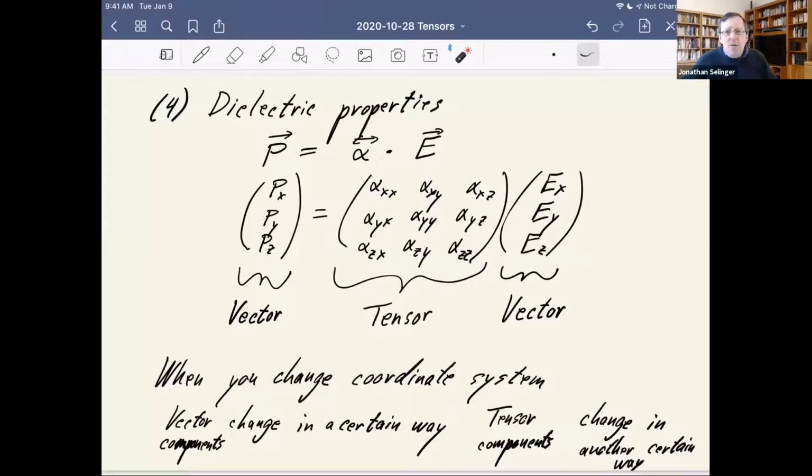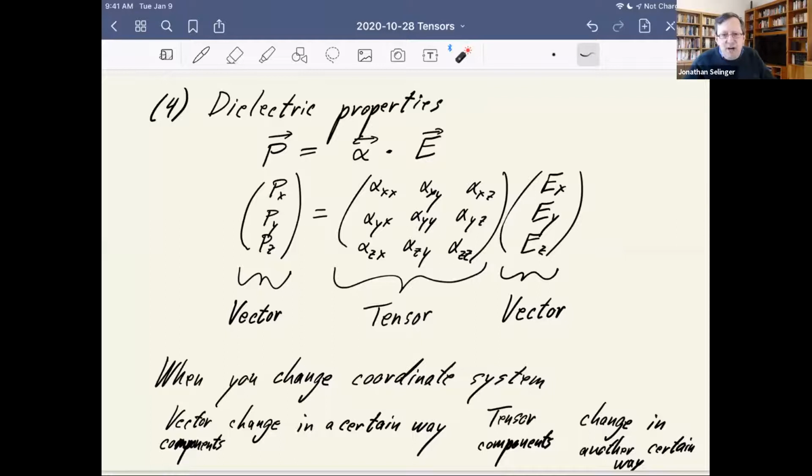I'm not going to emphasize those things here. Instead, I want to make this more of a practical lesson about how to work with tensors. And I am just going to tell you some rules for how to work with tensors. And the point of my rules is that if you follow my rules, you will make statements that are physically meaningful in that they don't depend on a choice of coordinate system.